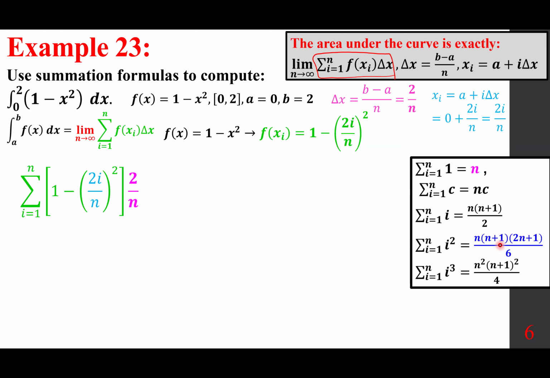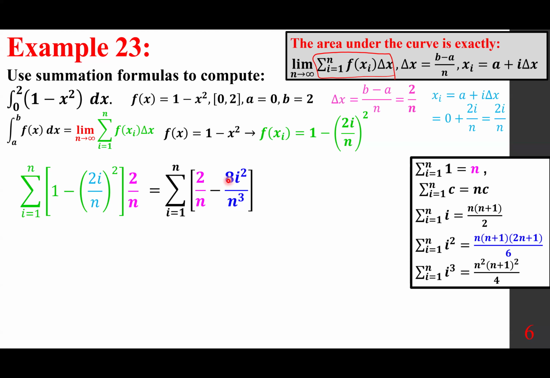So having said that, let's distribute here. This becomes 2 over n. This becomes 4i squared times 2, 8i squared, over n squared times n, n cubed. That's basic math. So one more time, 1 times 2 over n, and then 4i squared over n squared times 2 over n. Now this one, I can take 2 over n out, and put the summation of 1, because it is i that moves from 1 to n, nothing else.